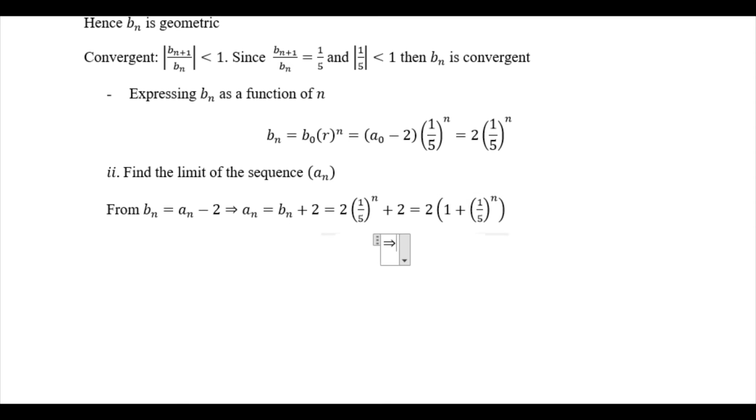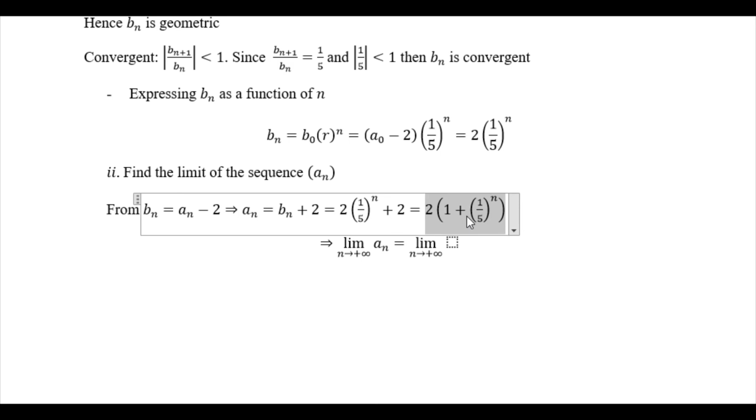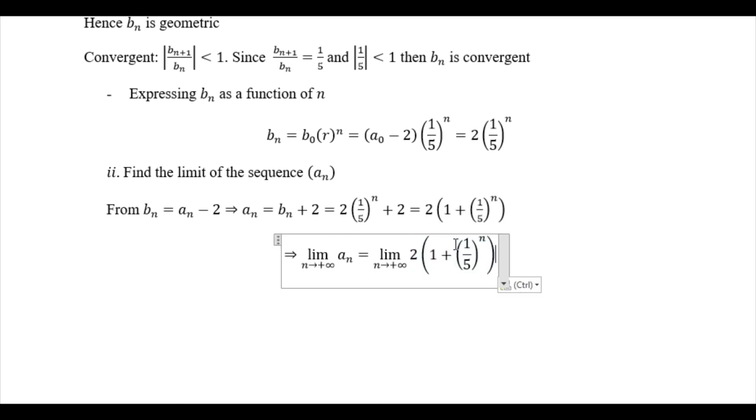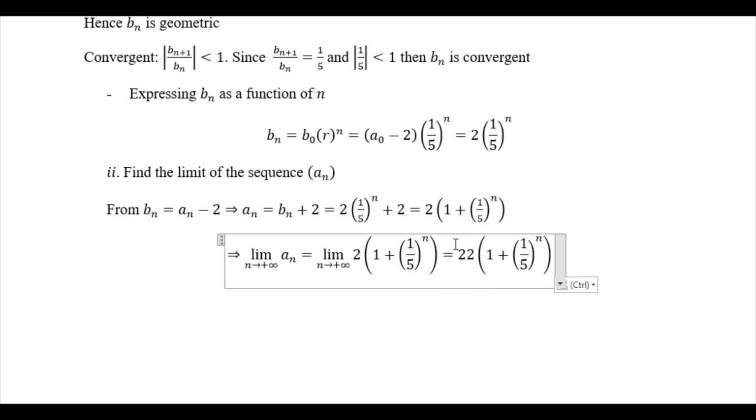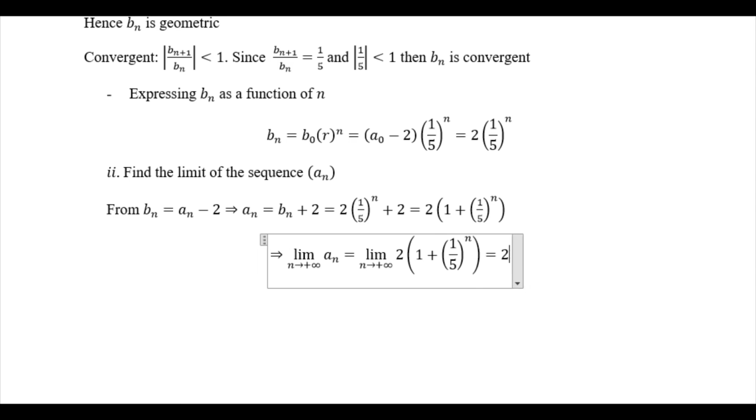So it means that the limit of a of n is the limit of that equivalence. Now the limit of a sequence is simply the limit as n is tending to positive infinity of a of n, which is equivalent to the limit of all of this. Since 2 is a constant, we can pull it out and then we evaluate the limit of the interior.